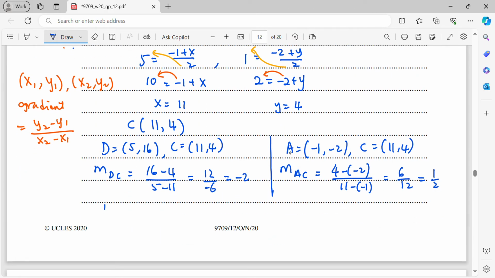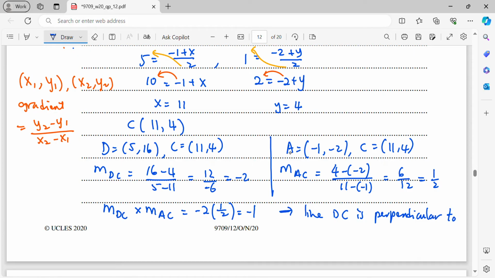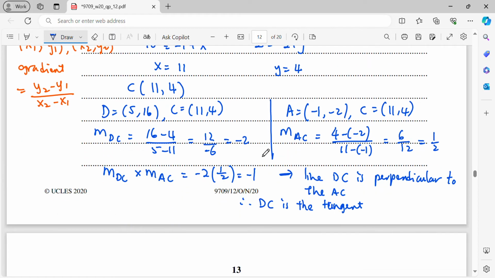Okay, so now I will just write m DC times m AC equals -2 times half, which is -1. That means line DC is perpendicular to the line AC. In other words, DC is the tangent to the circle.